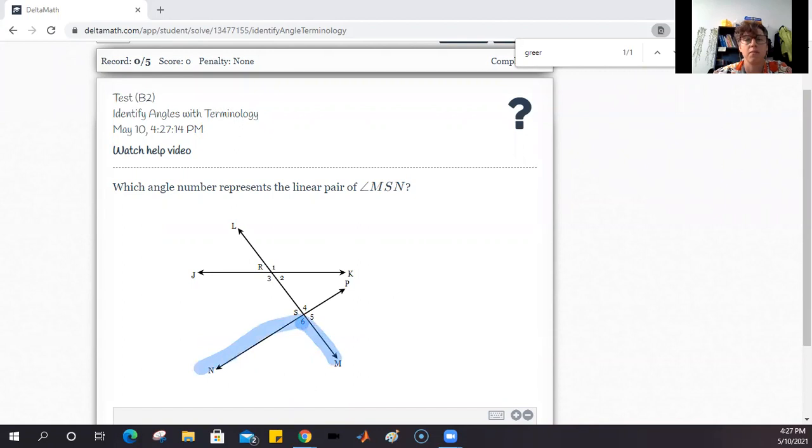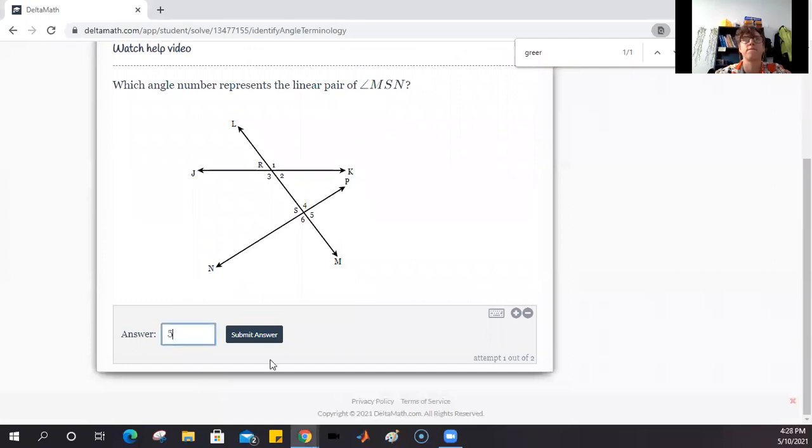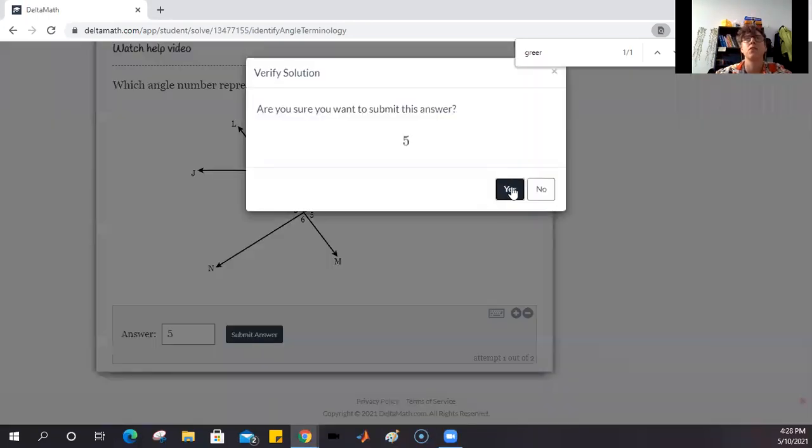Linear pair means together they form a straight line, a straight line on the bottom. So the number that represents the linear pair is this number here, which is 5. So MSN was 6. The linear pair is going to be answer 5. Submit.